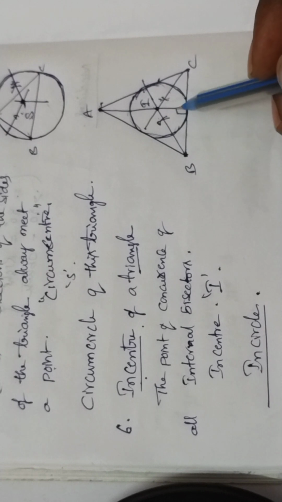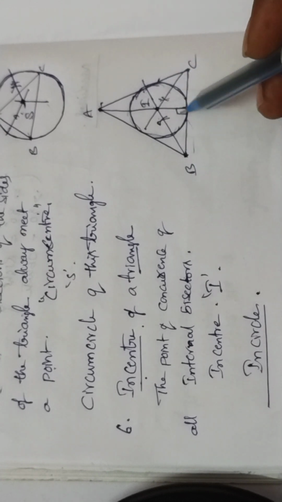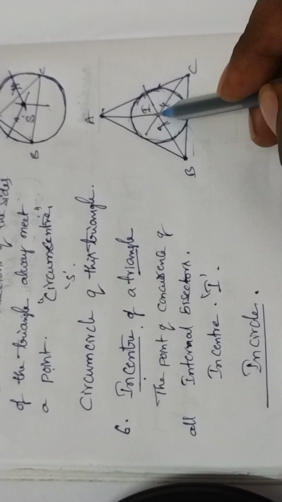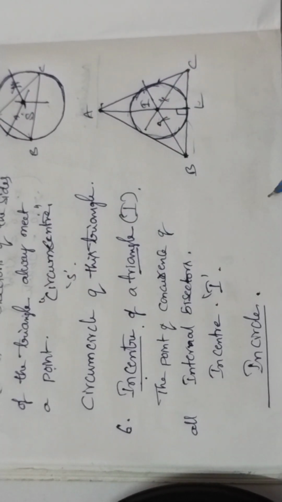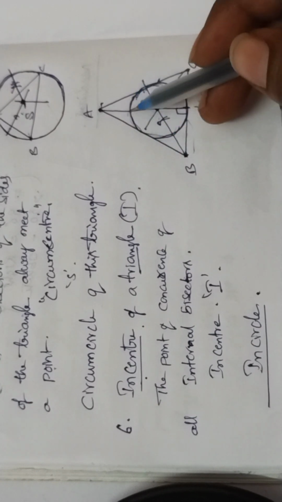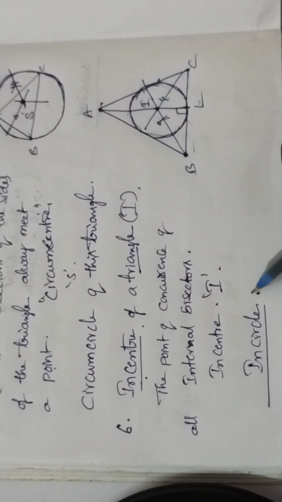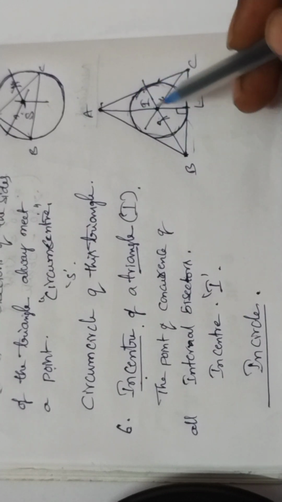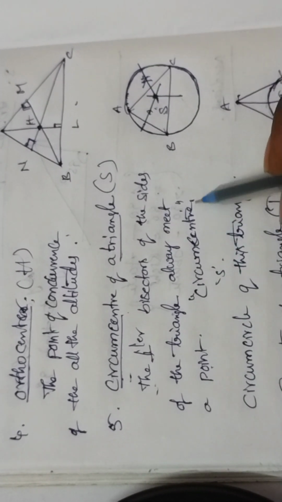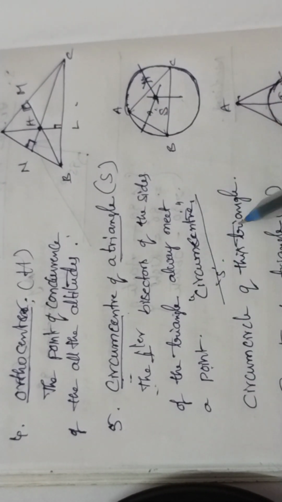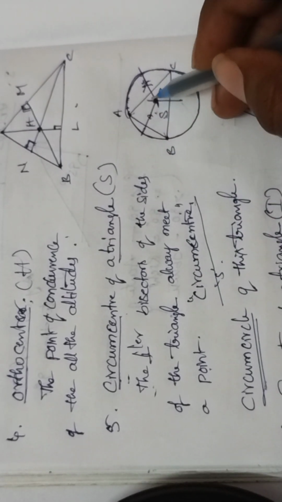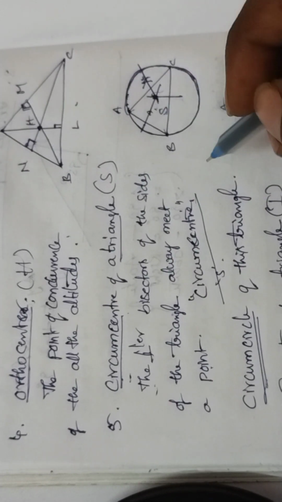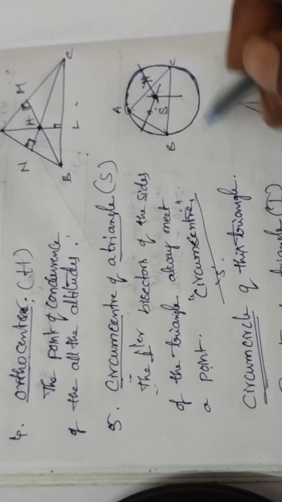The point of intersection of all internal bisectors we call the incenter, indicated by the letter I. The circle which lies inside the triangle is called the incircle. The circle outside the triangle we call the circumcircle.